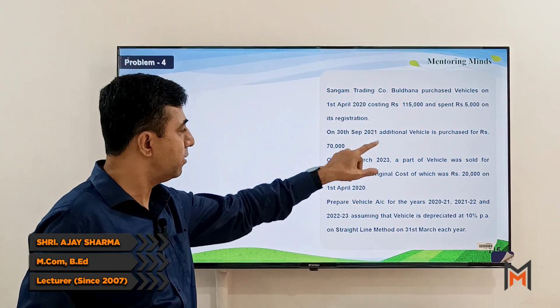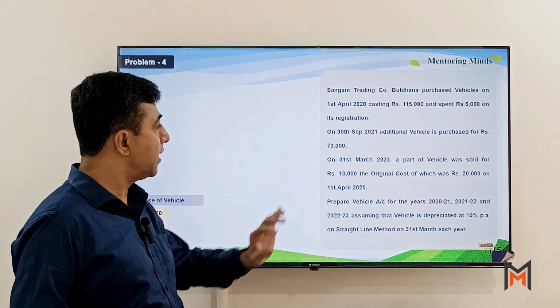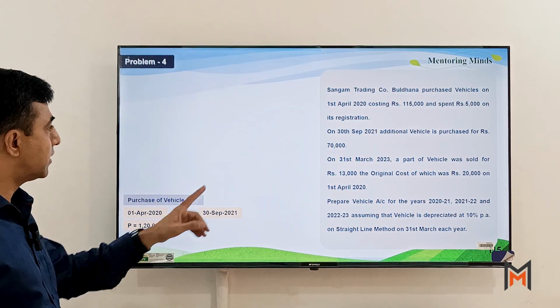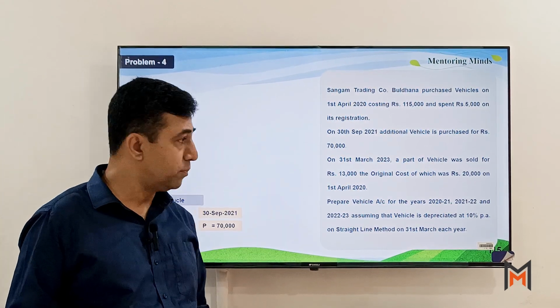On 30th September 2021, we are again purchasing another asset for 70,000. This is the second asset that we are purchasing.